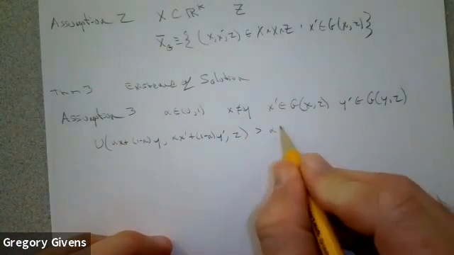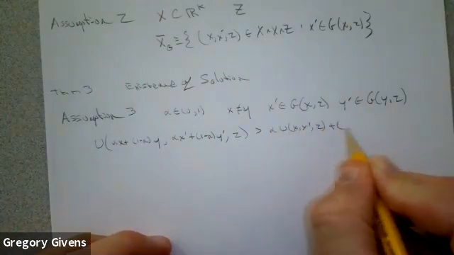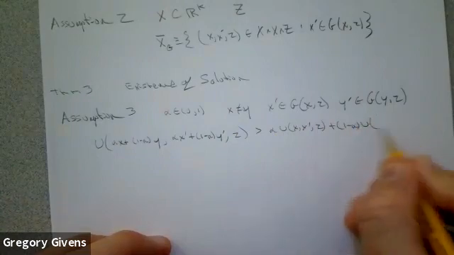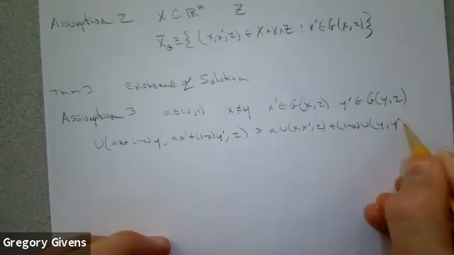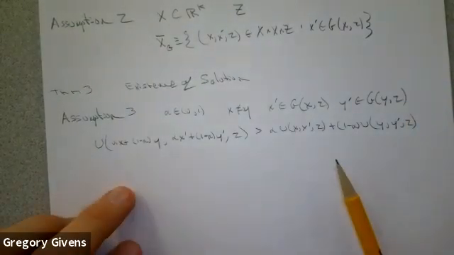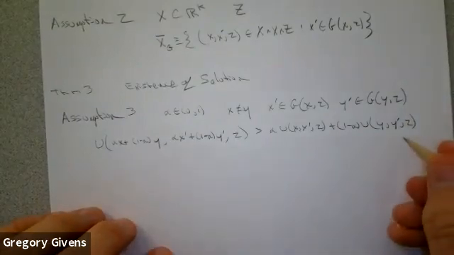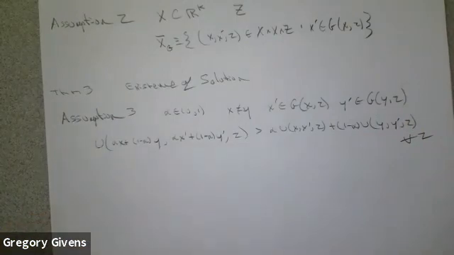That is alpha u of x, x prime, z, plus 1 minus alpha u of y, y prime, z. I'm not going to prove that. We did it in the deterministic world. It's the same proof here, okay? And this must be true for any possible value of z.